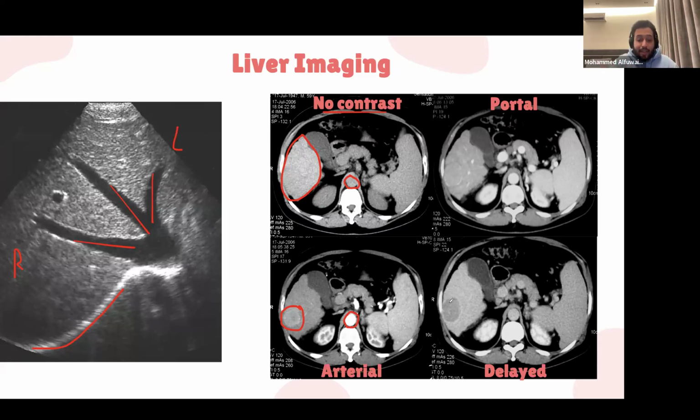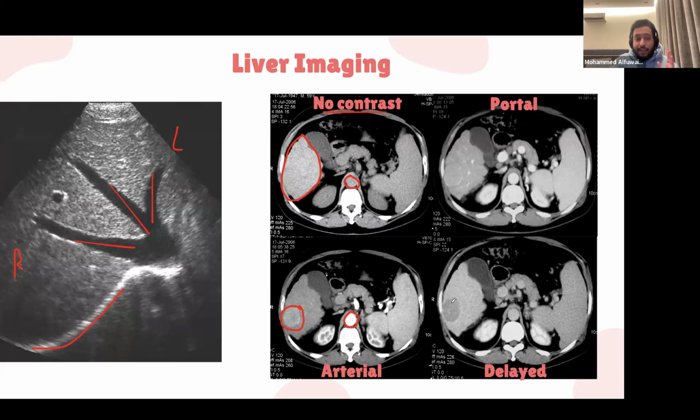In this case, yes, it's no longer there anymore, because this mass now is hypodense compared to the rest of the liver. So this is what I call contrast washout. This is diagnostic for hepatocellular carcinoma on imaging, okay? It fully enhances in arterial phase. Delayed phase, there is venous or delayed washout, okay? Again, this is hepatocellular carcinoma.